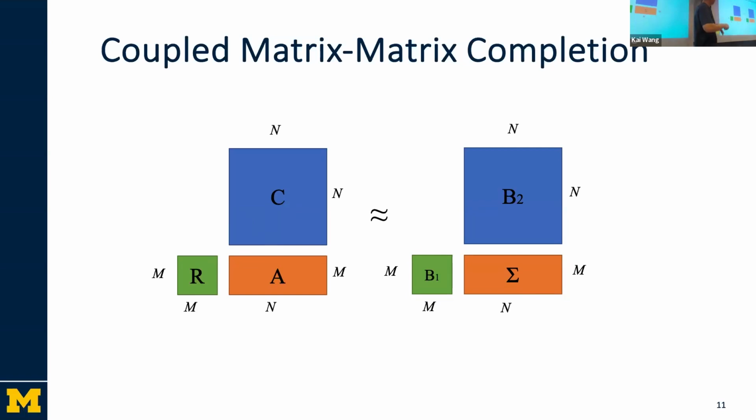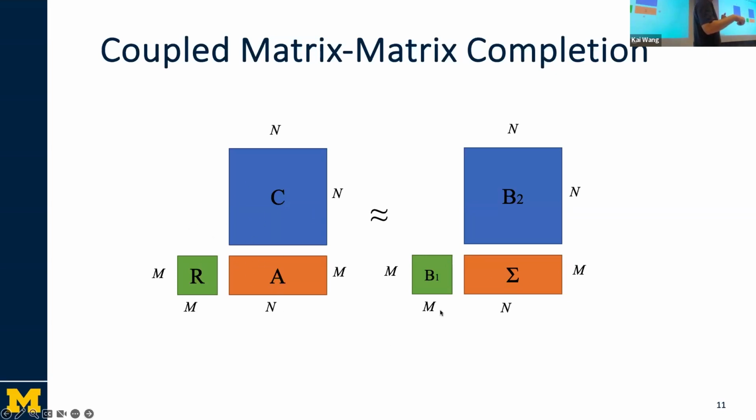The matrix C here is the similarity between the genes, and the R here is the similarity between the drugs. The hypothesis of this method is that similar chemicals probably have similar targets.